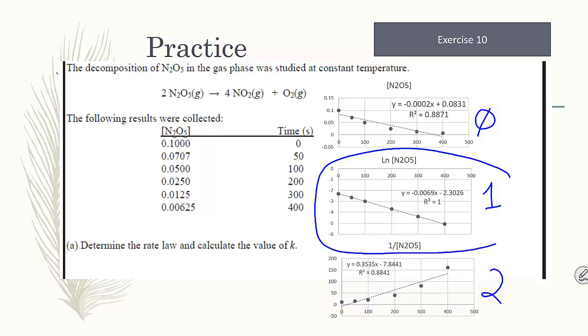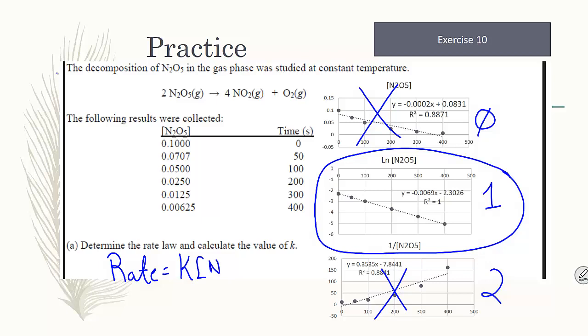So obviously, the natural log is going to be the graph we'll use. The other two now are just extraneous information. We don't need them. So, to determine the rate law, it's just a matter of writing rate equals K times the concentration of the reactants raised to their order, which we said was first order.